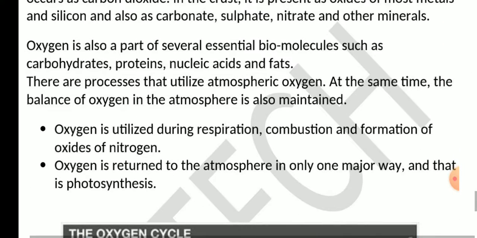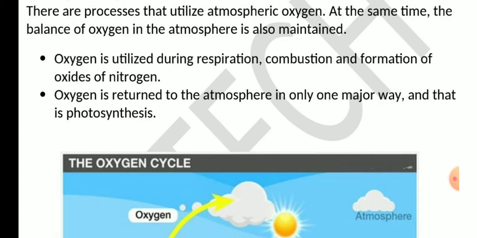Oxygen is also a part of several essential biomolecules such as carbohydrates, proteins, nucleic acids and fats. There are processes that utilize atmospheric oxygen. At the same time, the balance of oxygen in the atmosphere is also maintained. Oxygen is utilized during respiration, combustion, and formation of oxides of nitrogen.